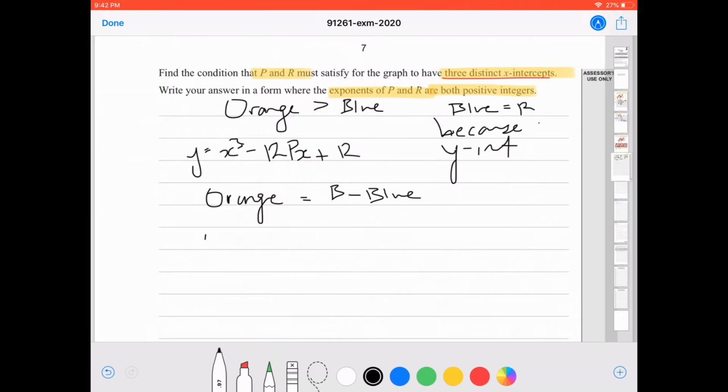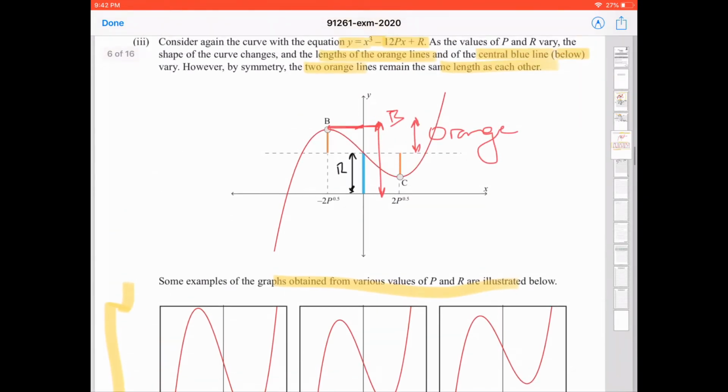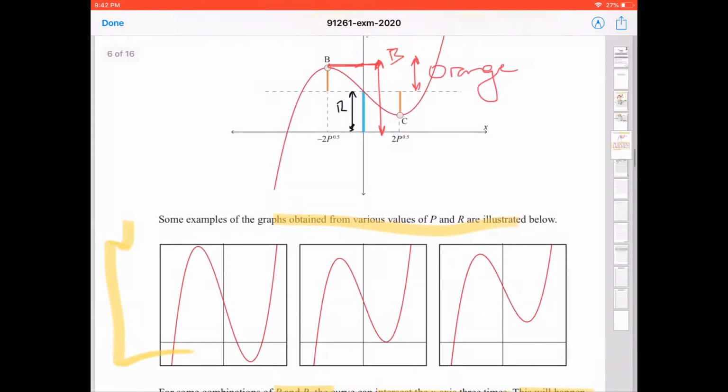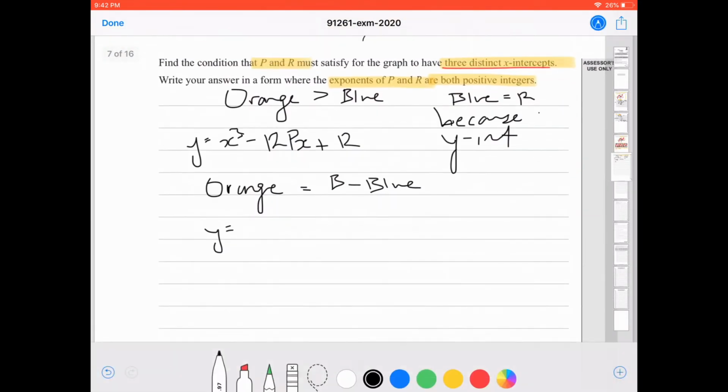Okay, y equals, now what was point B? I believe that was minus 2p to the power of 0.5, right? Yep, B equals minus 2p to the power of 0.5.